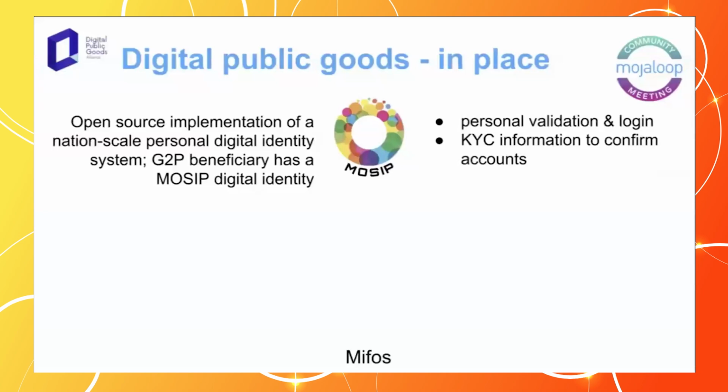MOSIP is an open source implementation of a nation scale digital identity system. Choosing MOSIP in this context was perhaps a brave decision because MOSIP is very strongly privacy preserving. So that made it more difficult to perpetuate an identity across the open source projects.